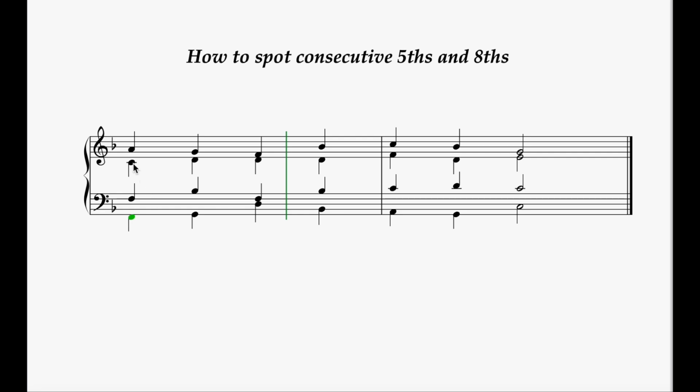We have an F in the bass and a C in the alto. Now, I know they're a compound interval apart in a different octave, but that doesn't matter. F to C is a fifth, and G to D is a fifth. So both the alto and the bass voice stepped up a second, and they're a fifth apart. That is consecutive fifths. Got the idea?